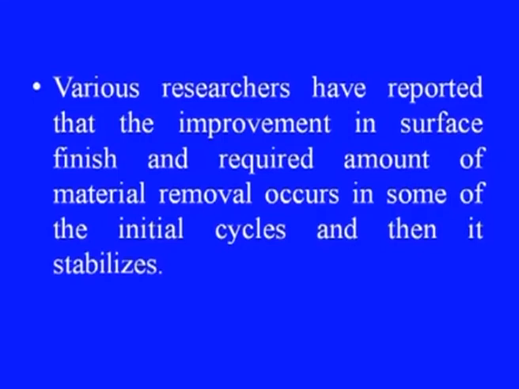Several cycles are generally required to achieve a particular amount of material removal and final surface finish on a component. Various researchers have reported that improvement in surface finish and the required amount of material removal occur in some of the initial cycles and then stabilize.